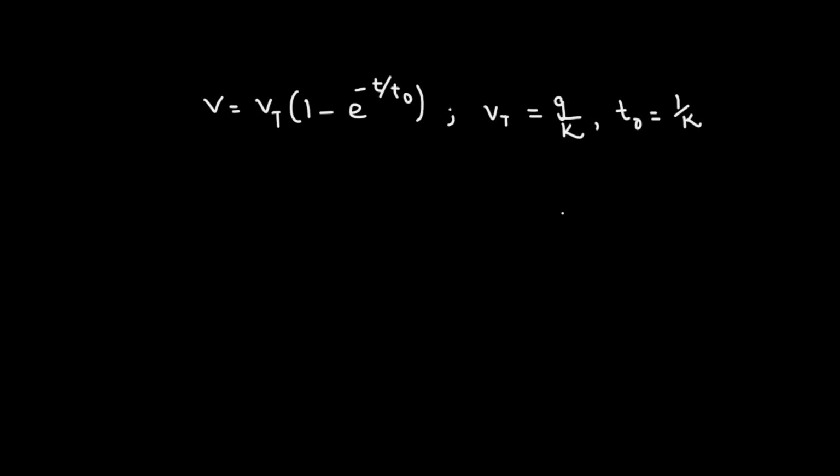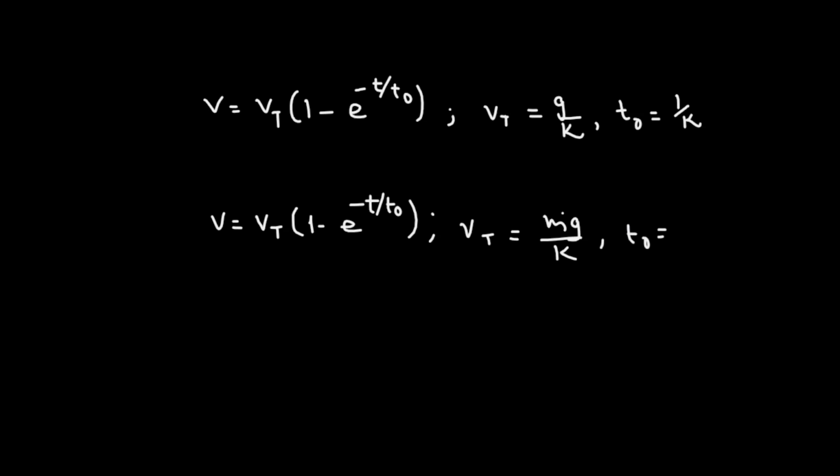This was the form that we are going to use when we have the resistive force given as a resistive force per unit mass. And in the second case, we have v equals vt times 1 minus e raised to the power of negative t over t naught, where vt will be given by mg divided by k, and t naught equals m over k.